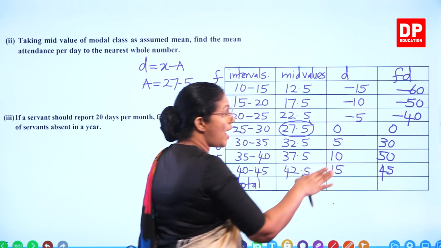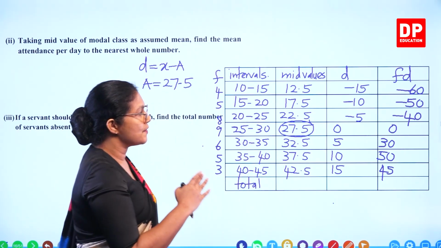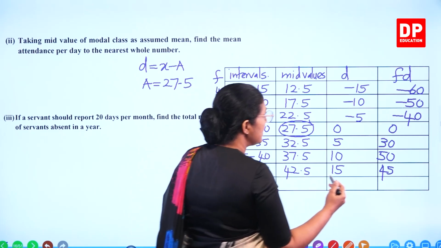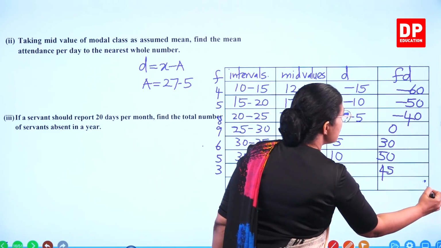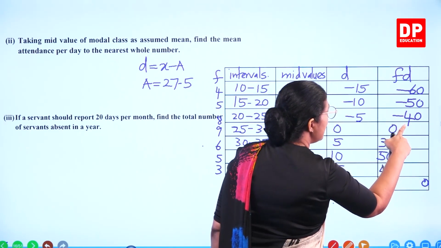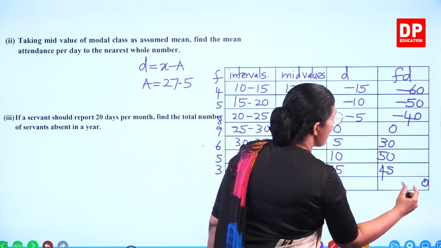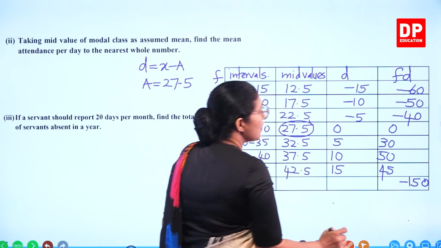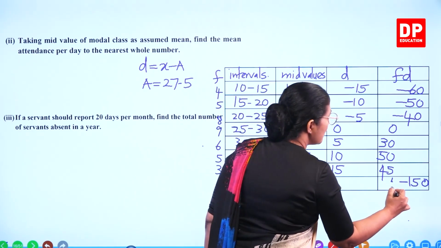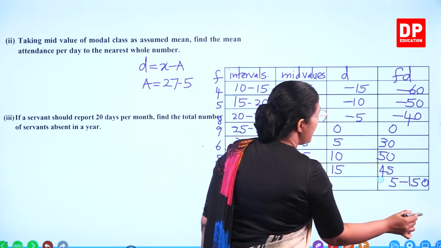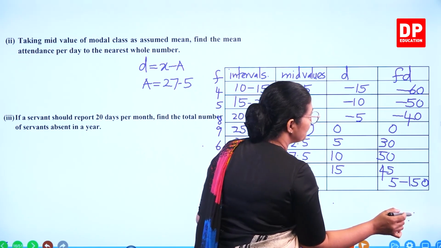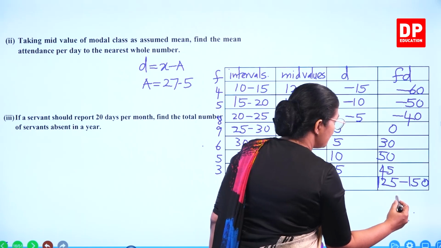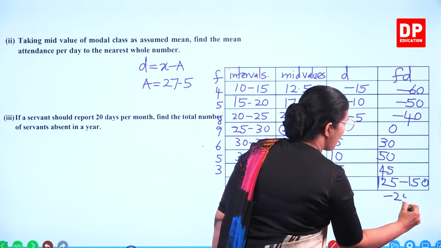It's easy when you write the positive numbers towards the left side and the negative numbers towards the right side. Now we take the total of the negative values: 60 plus 50 plus 40, minus 150. What about the positive values? 30 plus 50 plus 45, 125. 125 minus 150, minus 25.